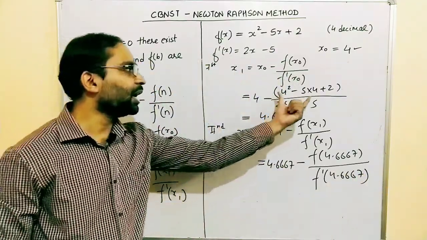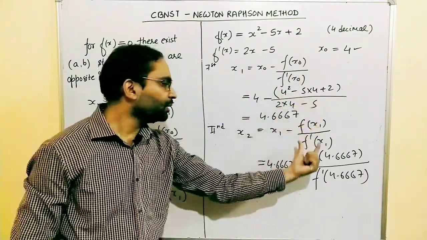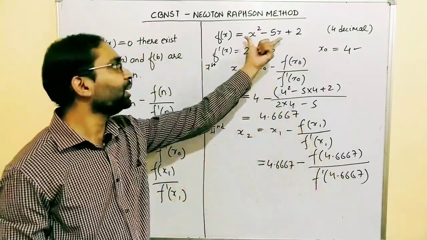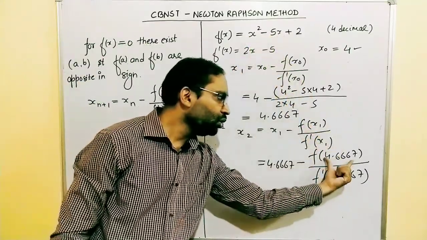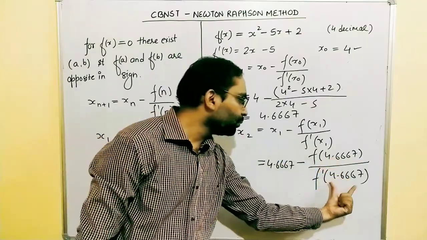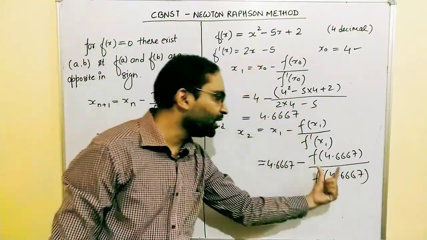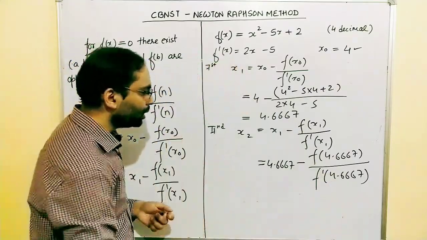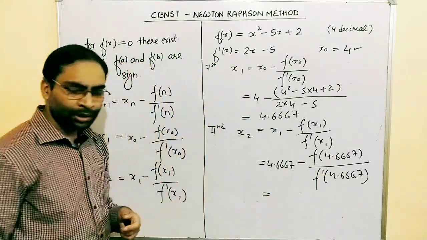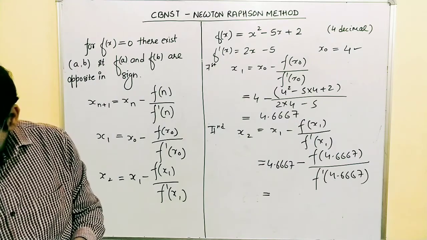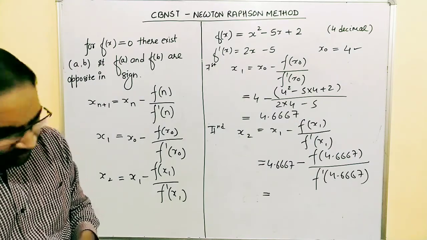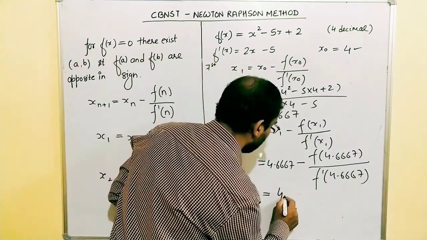In the same way, we substitute this 4.6667 into this f x to obtain the numerator, and we substitute 4.6667 in place of x in this f dash x to get the denominator, and we can solve. So let me see what the value of this x2 is. This x2 is coming 4.5641.